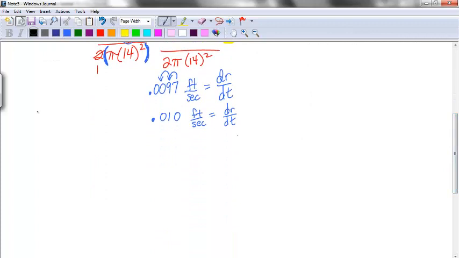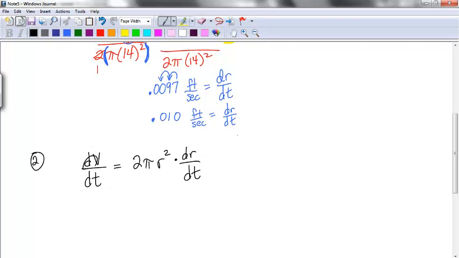Okay, so for problem number 2, same formula, we've already worked it out. The rate at which the volume's changing with respect to time equals 2 pi r squared times the rate at which the radius is changing with respect to time. Okay, they told us the rate at which the volume is changing.